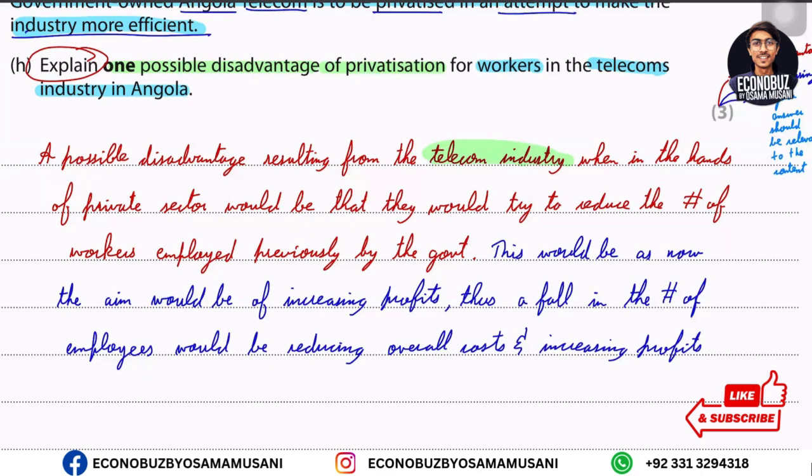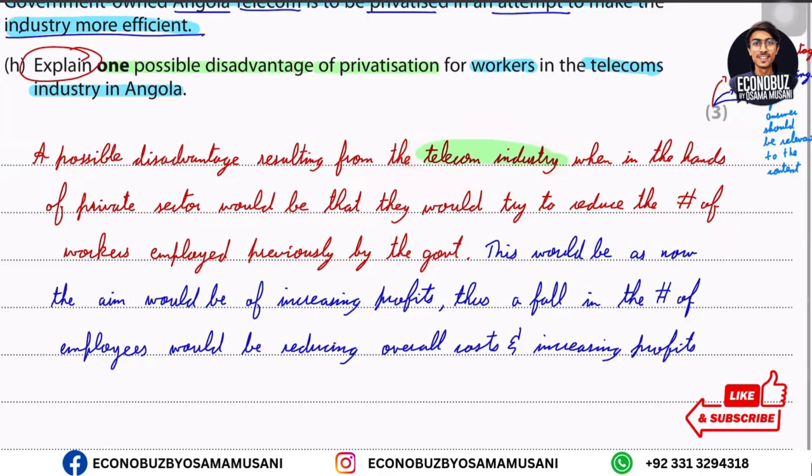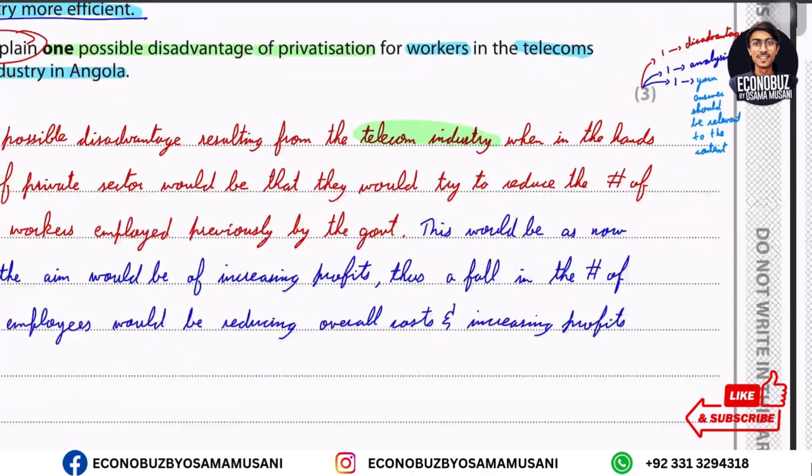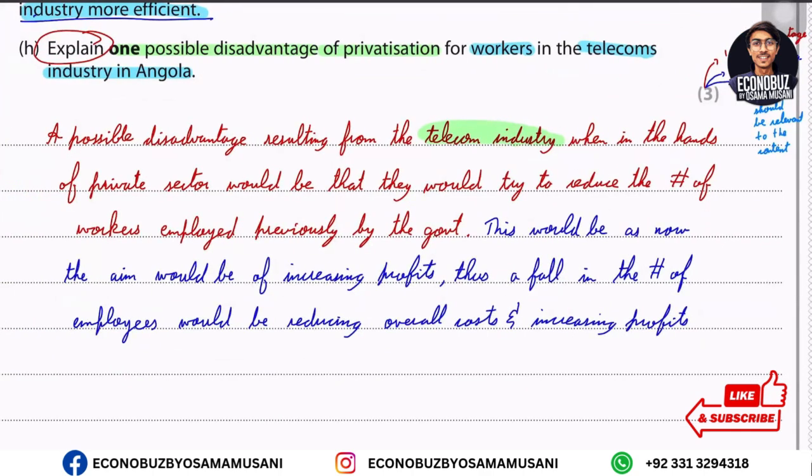So this mentioning telecom industry would be getting us the mark for relating to the context, right? And the possible disadvantages, they would try to reduce the number of workers. So this is the disadvantage. When you are writing the telecom industry, you are developing your answer to the context.